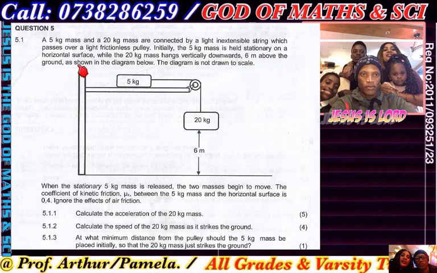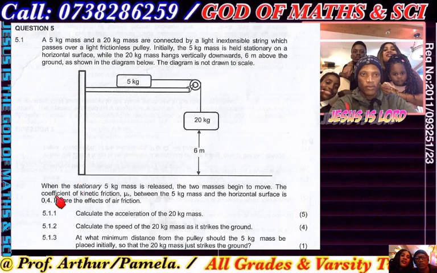So that means before any motion, this 20 kilogram mass is 6 meters above the ground, but the moment it begins to fall down, the distance will be shortened. As shown in the diagram below, the diagram is not drawn to scale.